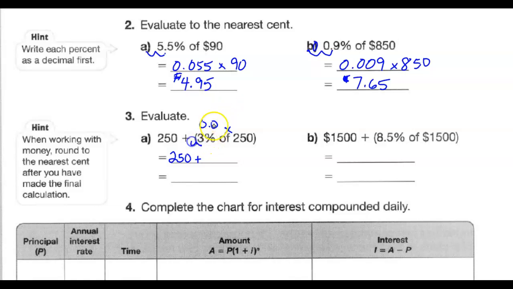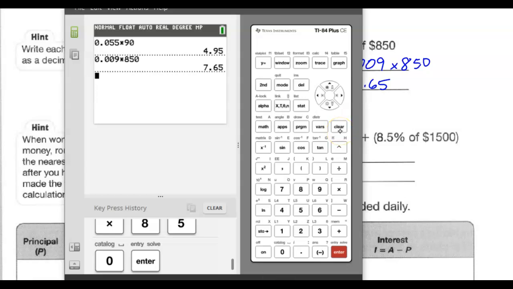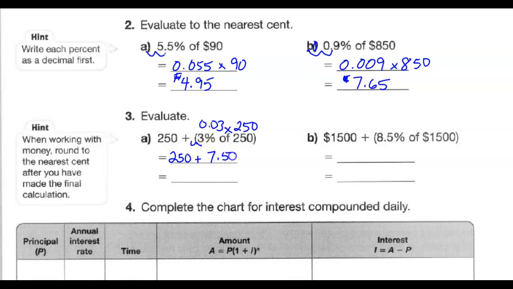Move the decimal 2 to the left, 0.03 times 250. Now, in your calculator, if you don't want to move the decimal, you could go 3, divide by 100, and there's your decimal form of the percent. And times by 250, that's 7.5. In money, that's $7.50, so we put a 0, and then we add those together. So you could do that in your head or in your calculator. It's going to be 257.50.